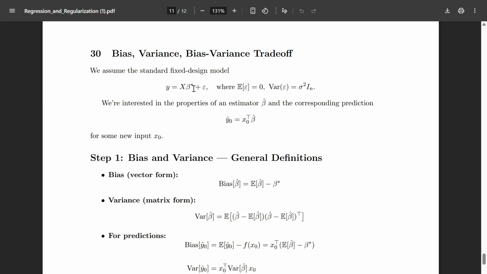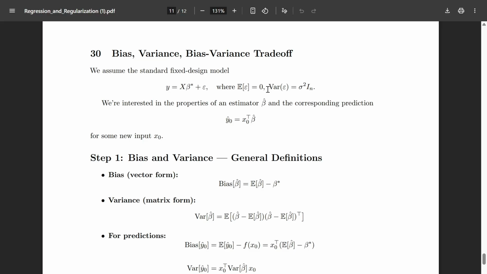So y is equal to x beta star plus epsilon. And your entire point is that the expectation of epsilon over multiple choices of x over our entire distribution should be 0, right?